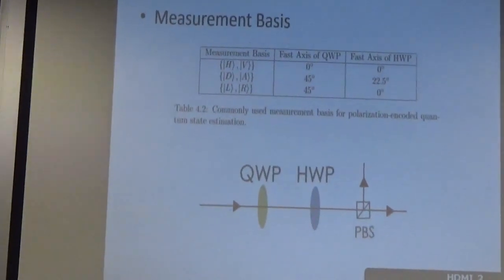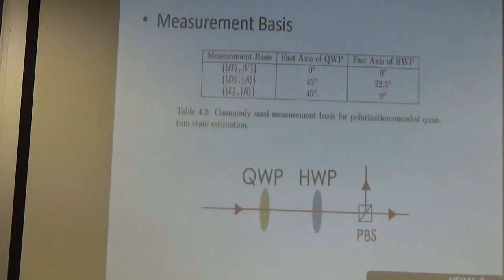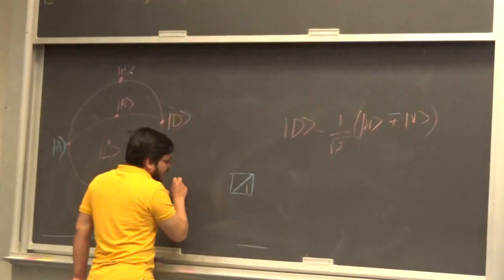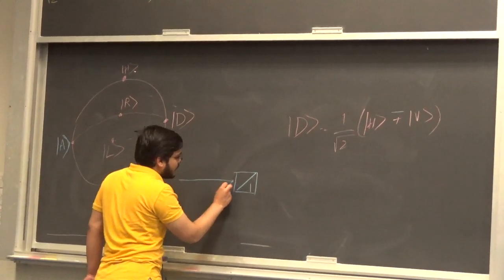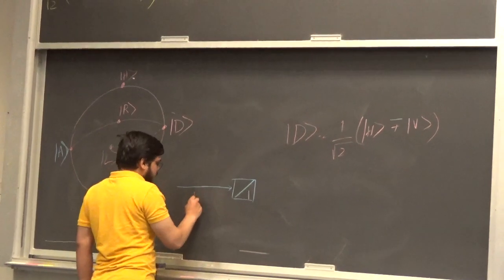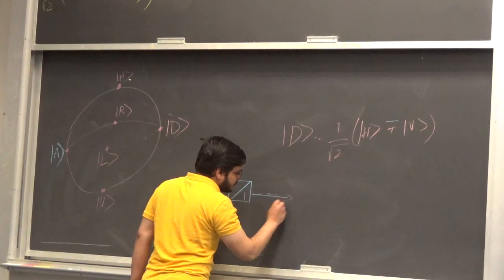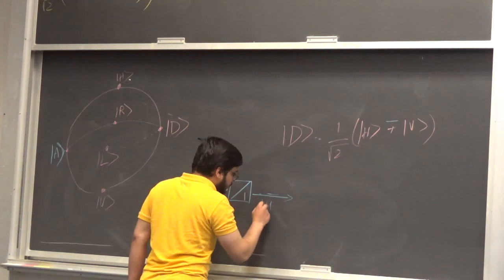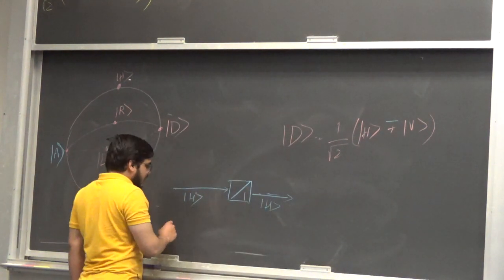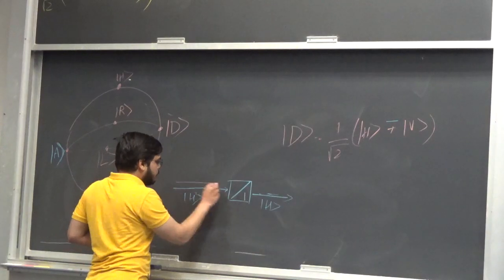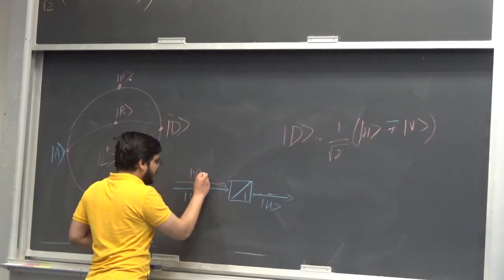So if I had a polarizing beam splitter, and I sent in a state |H> to it, it will let this state pass through. And if I had the state |V>, it will reflect it.